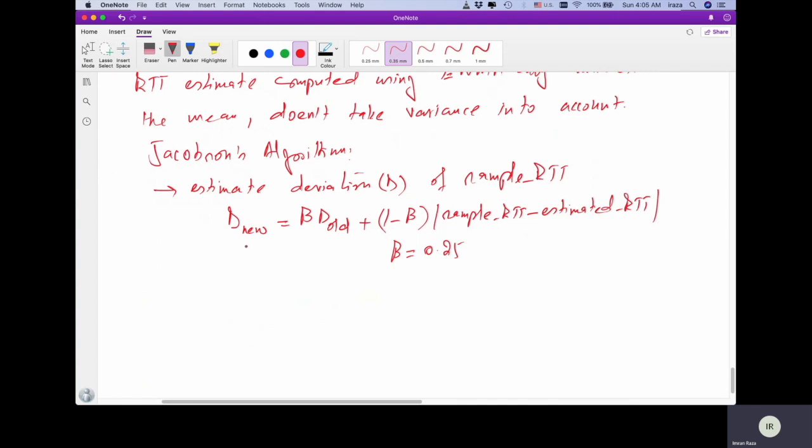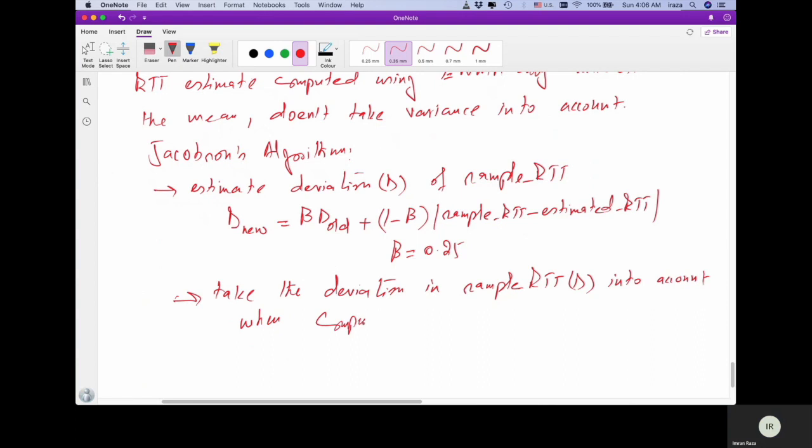And now I will take the deviation into consideration to calculate the RTO, the retransmission timeout. We have to take the deviation in sample RTT, that is D, times a constant, when computing the retransmission timeout.